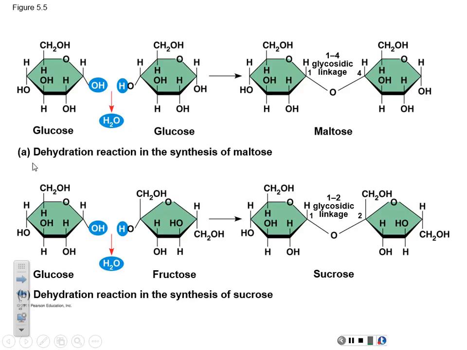So in A, you see the synthesis of the polymer, the extension of the polymer to make a dimer. The flip side of that is sometimes it is helpful to us to take maltose, that dimer, that disaccharide, and break it up into its component parts, the two individual glucose molecules.